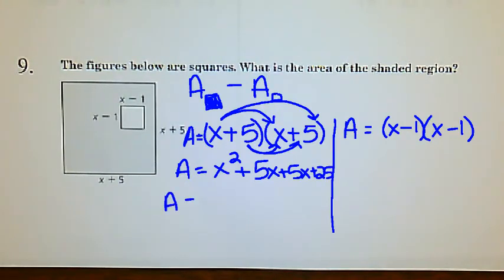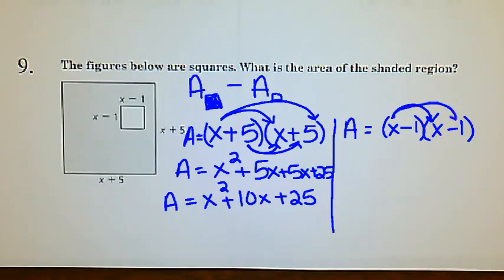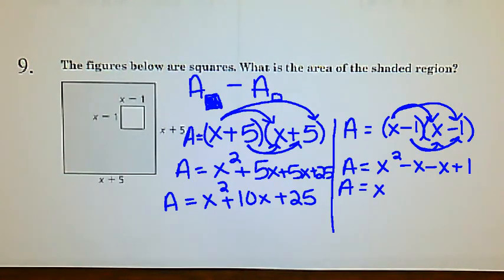So this area is x squared plus 10x plus 25. Moving on to the next one. First, outer, inner, last. So A equals x squared minus x, negative 1 times negative 1, sorry, is positive. x squared minus 2x plus 1.